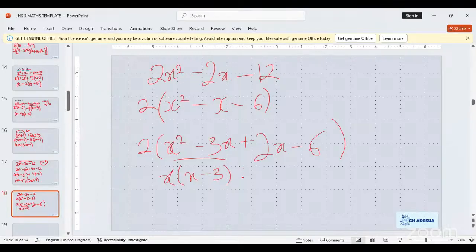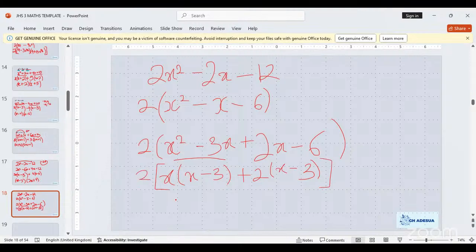Plus 2 bracket open, x minus 3. At this point, you need the square brackets. I'm adding mine to yours, okay? Then the 2 will be hanging out.